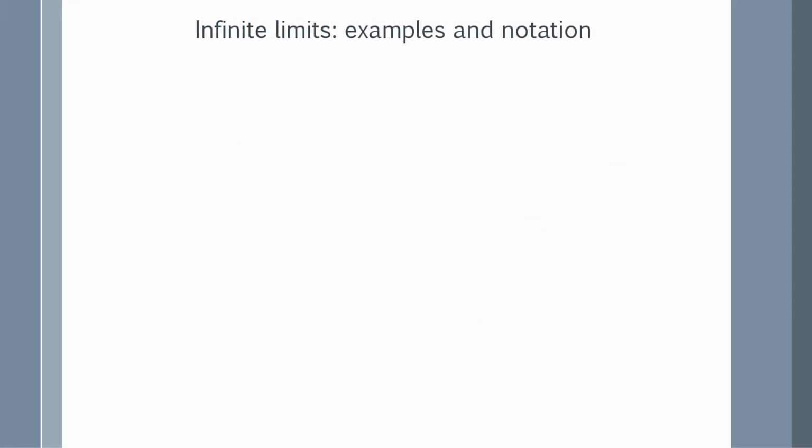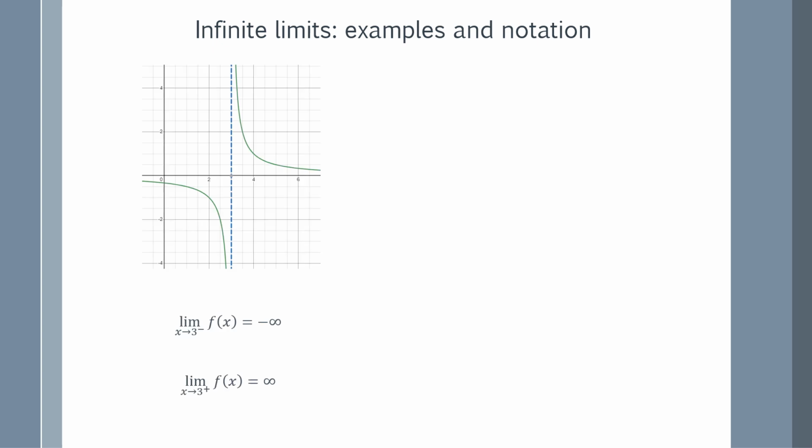Now let's have a brief discussion of infinite limits. This is a concept that we will thoroughly discuss in this class, but for today's lecture, we're just going to have a very gentle introduction with a couple of examples, and we'll discuss the notation. So let's take a look at the graph of the following function.